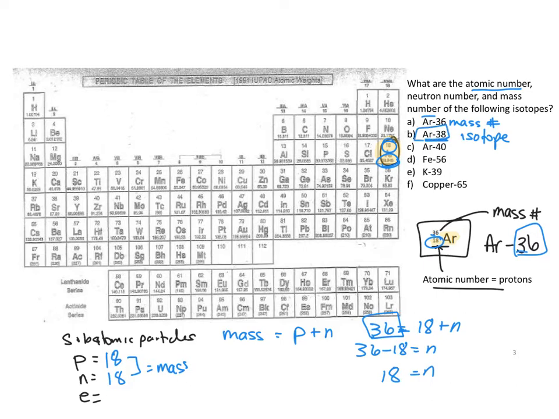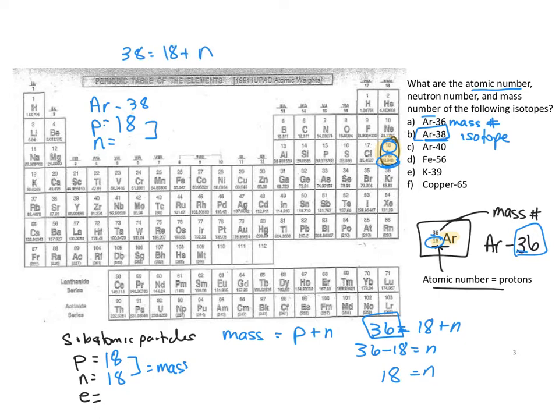Okay, so argon 38, obviously that's argon. That is another isotope, and it has a mass of 38. So argon 38 has the same number of protons as the other argon, which is 18, but they have a different number of neutrons because the mass is different. So the mass 38 equals 18 plus n.